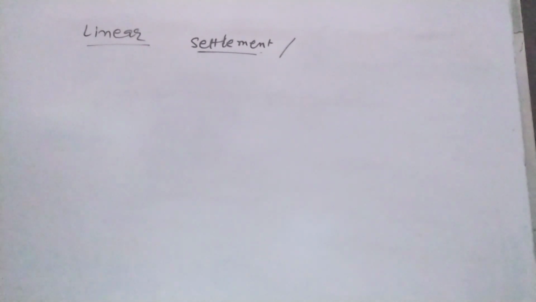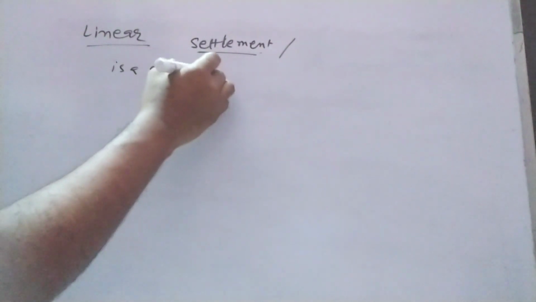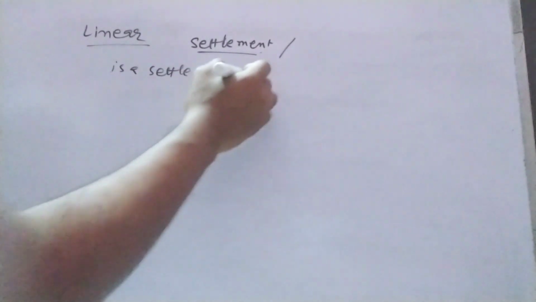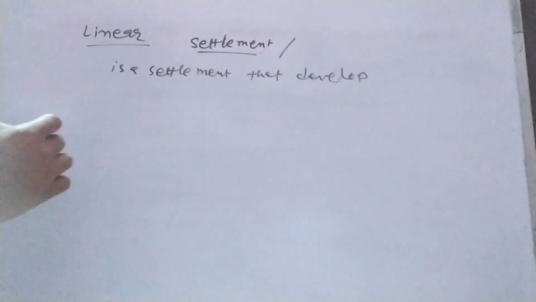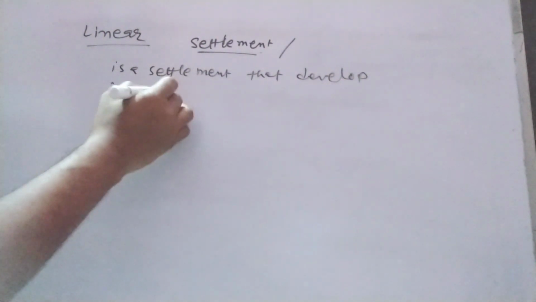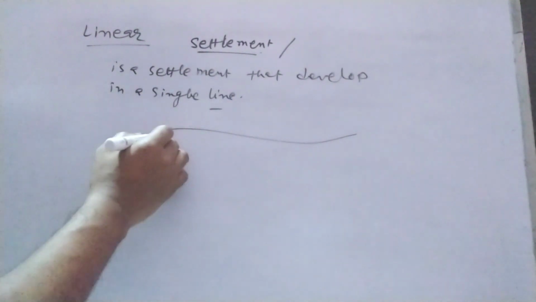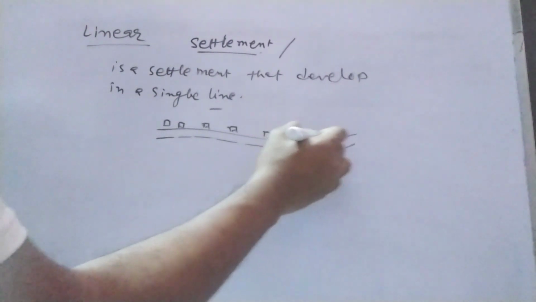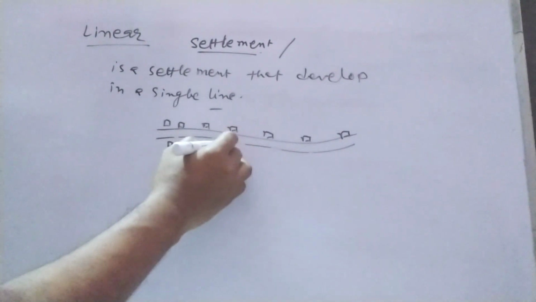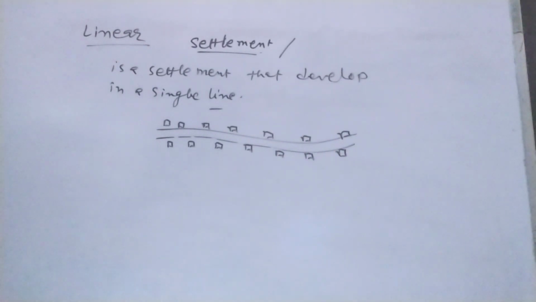So these types of settlements are called compact or nucleated settlements. Linear settlement. So what is linear settlement? So it is a settlement that develops in a single line. Right, so this is about linear settlements.